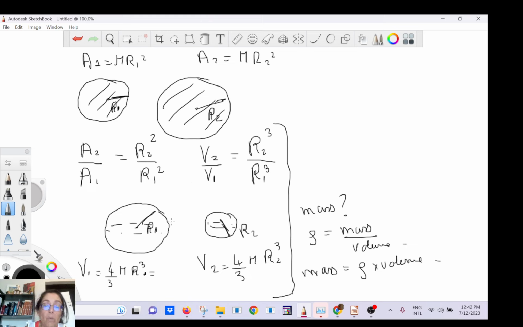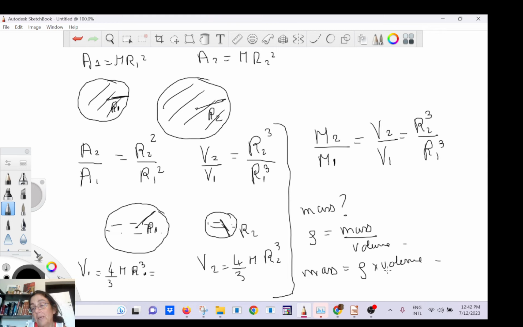So if I want to compare mass 2 to mass 1, I can say that mass 2 is to mass 1 what volume 2 is to volume 1, which is what R2 cubed is to R1 cubed.